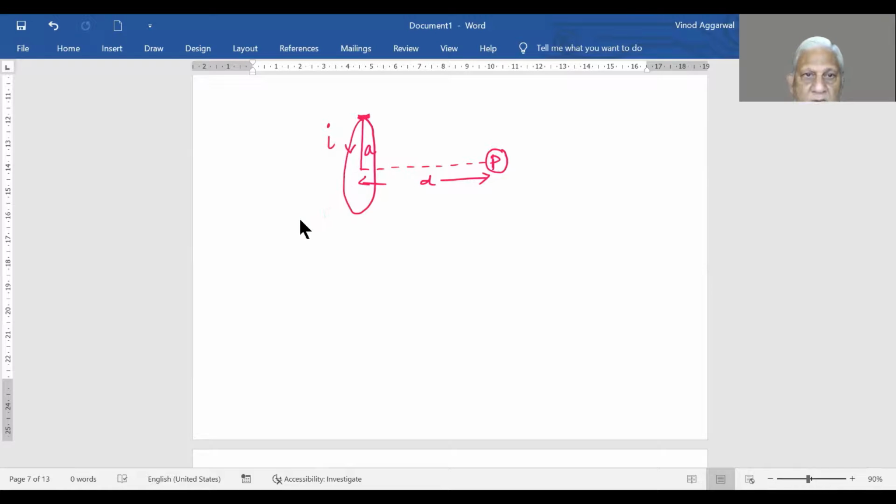we take a small piece, a section of this loop here. This is carrying current in this direction. So this dL will create a magnetic field here.